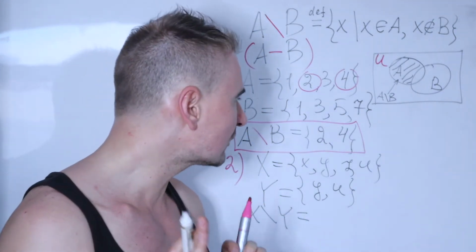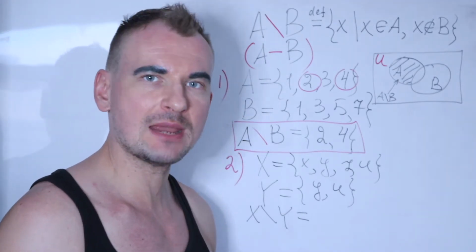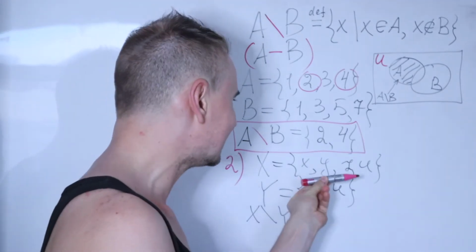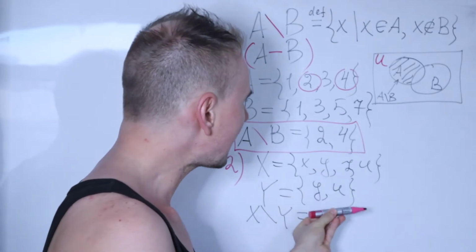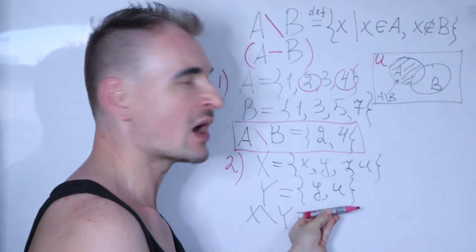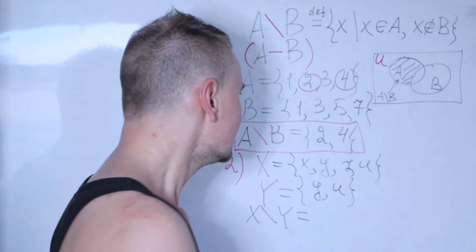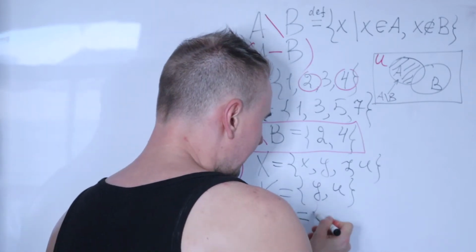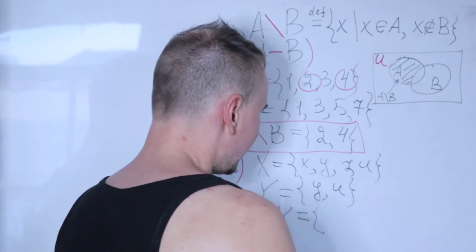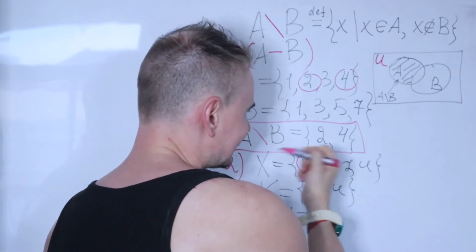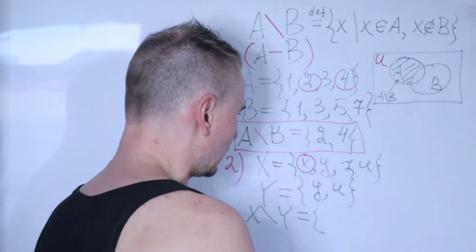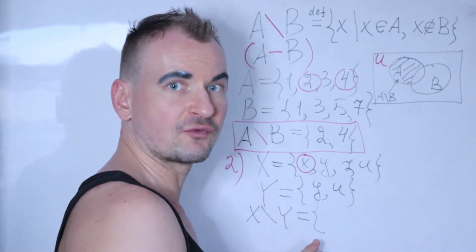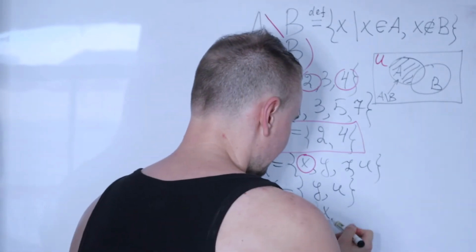Again, as a good rule of thumb, you are looking for elements that are in set X but not in set Y, the second set. So in this case, if you look carefully, x is in set X but not in set Y. So x goes into the difference.